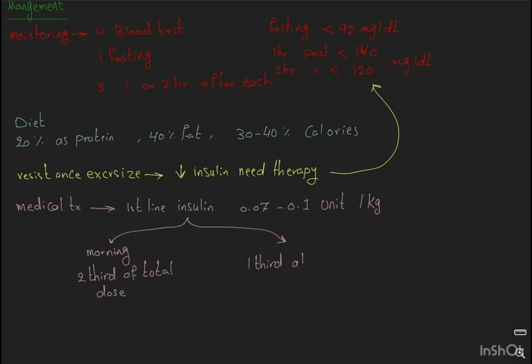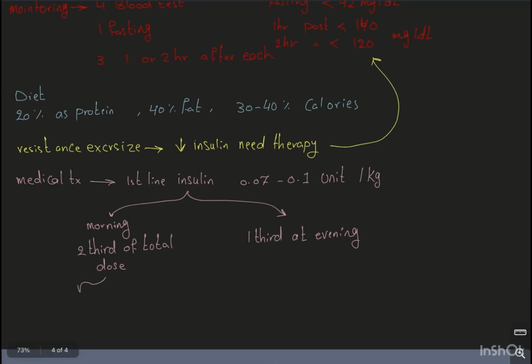The 2/3 of the dose will be 2/3 regular insulin and 1/3 NPH. The 1/3 at the evening will be half regular and half NPH.